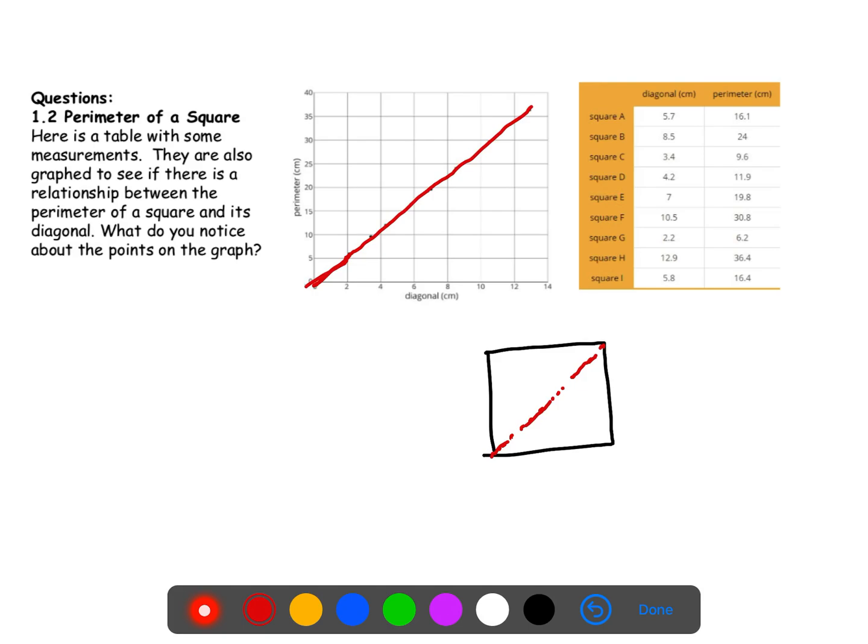So if we were to take our y value, which is perimeter here, and divide it by our x value, we should get a constant of proportionality. Now, if we look at the specific measurements here on the shape, and we were to divide 16.1 by 5.7, what we would get is a long decimal.